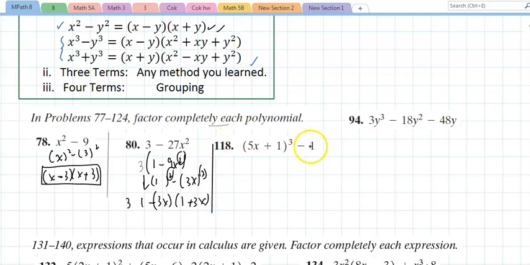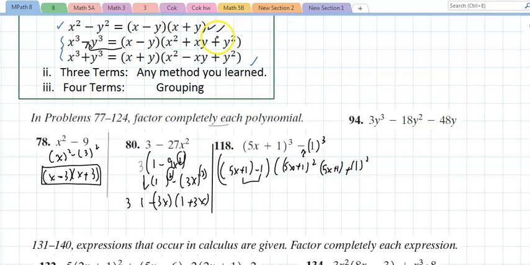2 cubes, well, 1 is unique. You could write 1 to any power, and the cubes with a minus turns out to be this formula. You would write them without the cubes, the 5x plus 1 and the minus 1. You would square the first, square the last, and multiply those two.